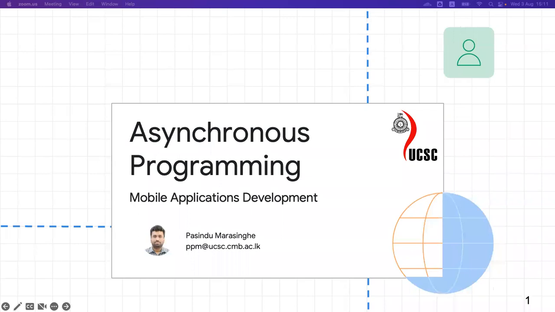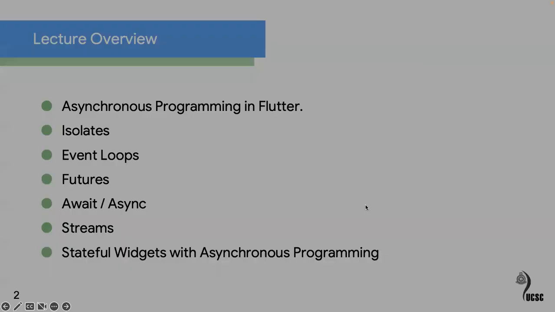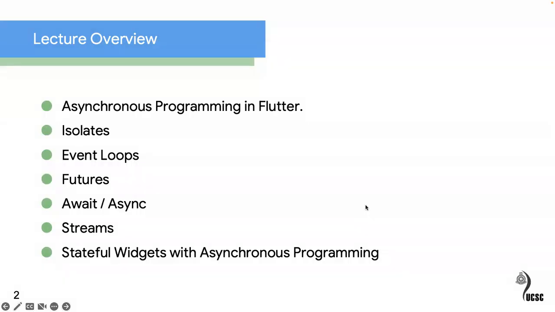So today we are going to dive into asynchronous programming. In today's lecture, we'll be talking about how Flutter facilitates asynchronous programming, and at the same time what an isolate is, what an event loop is, what a future is, and how to use await and async.